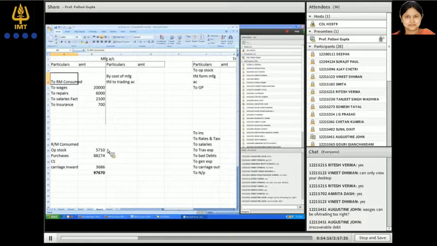In this case, the wages would be a part of the manufacturing account only. What you are trying to say, wages can be of trading too. Wages can be of trading in case you have paid some labor charges for loading and unloading of material. In that case only it could be for trading.